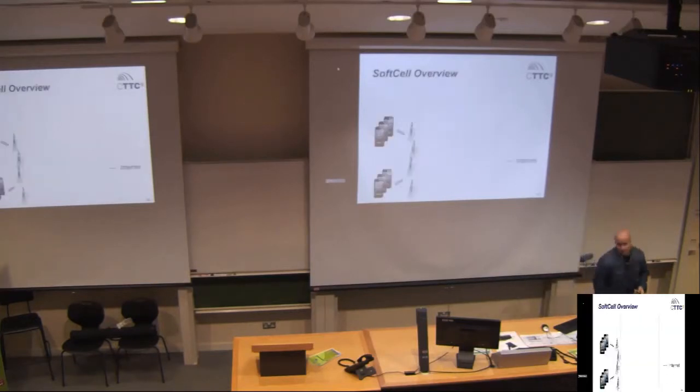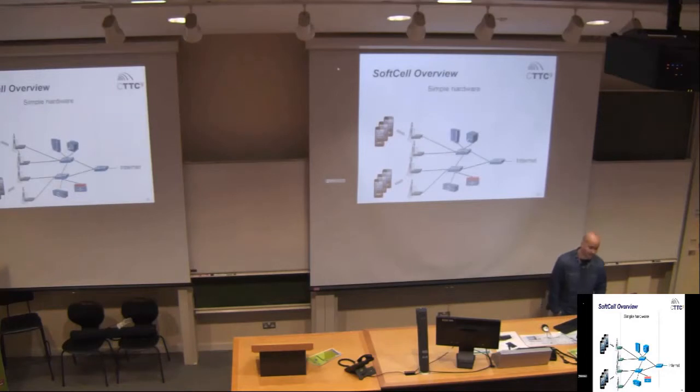Okay, so let's see what SoftCell proposes. We have our mobile network, we have the radio access network, we have the internet, which is our exit point from this mobile network. What SoftCell proposes is to first convert this circuit-switching EPC network to a packet-switching EPC.